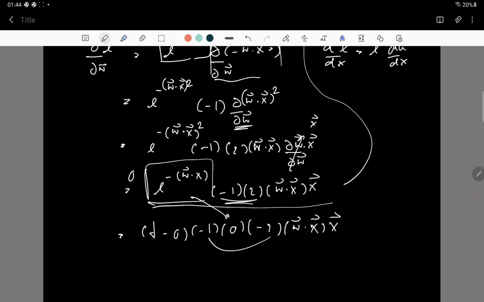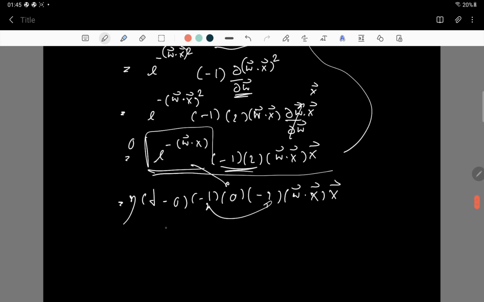So this one is constant. When you want to adjust, you must use the eta term here also. It is again a constant, the constant of 2. So it will be eta or learning rate, target minus output, and w dot x and x.